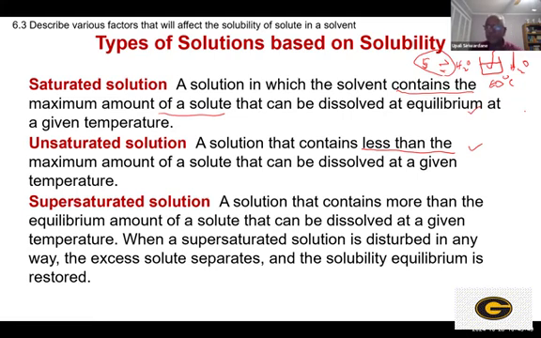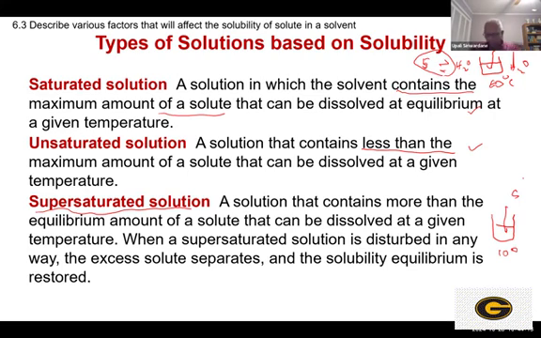Unsaturated is less sugar. A supersaturated solution is when you keep heating water and sugar, and more sugar goes in, for example at 100 degrees. More sugar went into water.